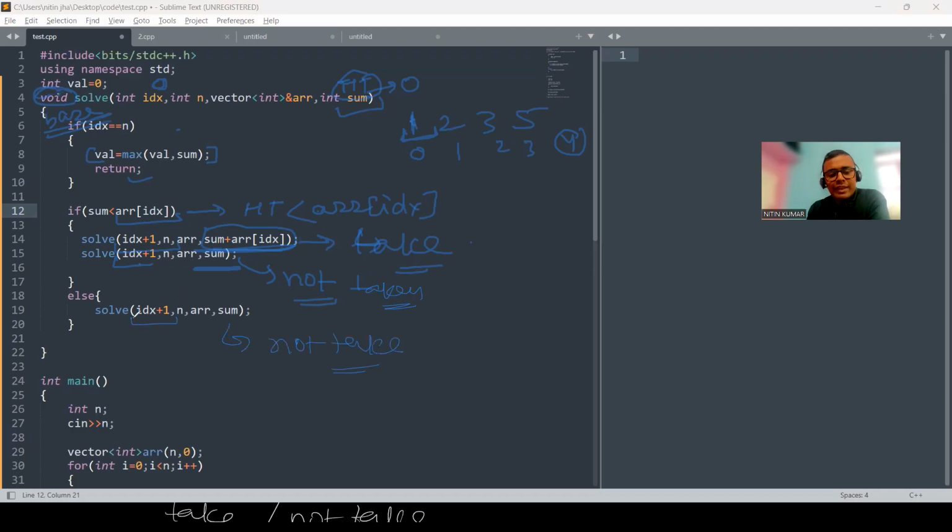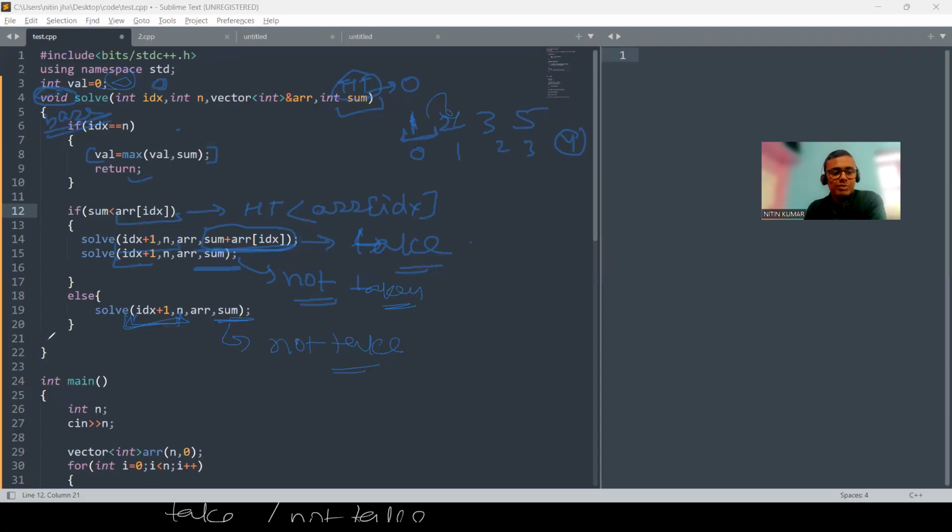So I am not taking that value in my sum, and I go to the next index. That means I have gone to the next value. So this is the logic that I have written. And now you can see from here that when I reach the last index, that means I have got some value, then there is a val variable that I have assigned here.